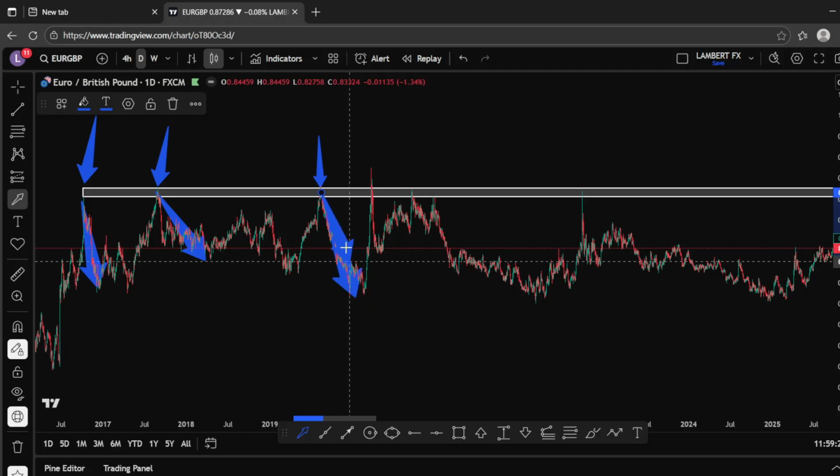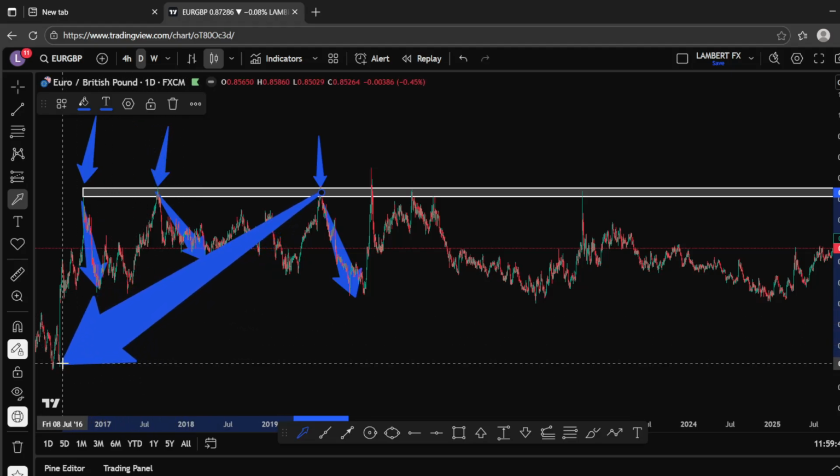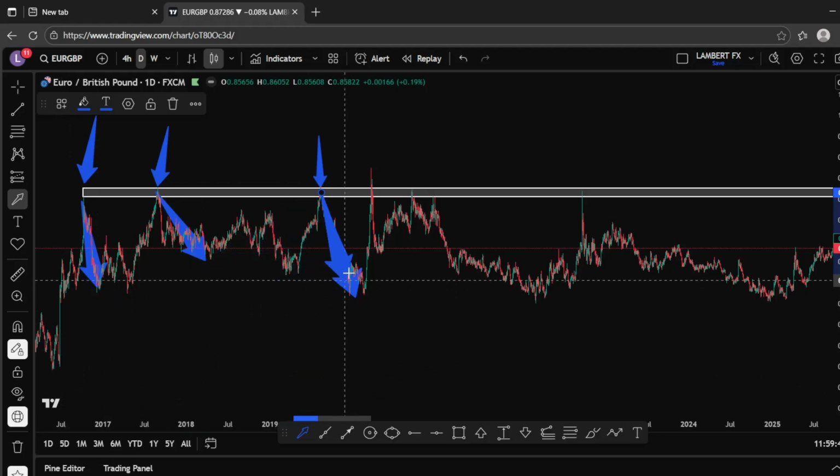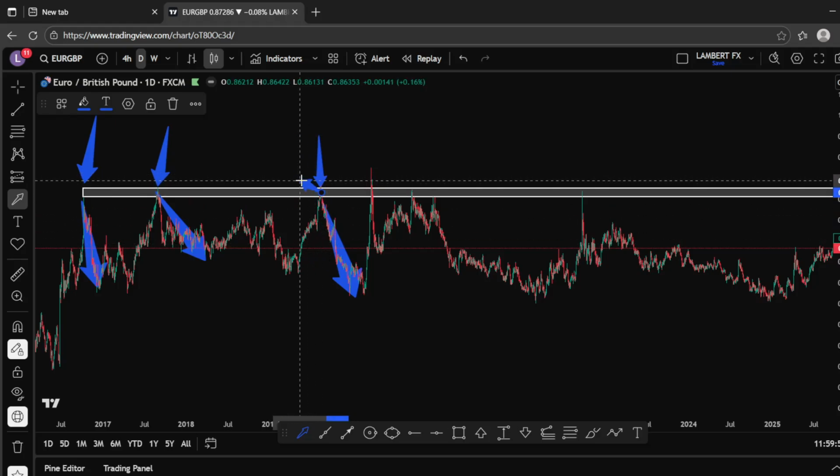If the sellers came in here, where would their take profits be? Some traders will take profit by the time you get to this low, but most will want to take profit right at this low. If you were on this trade and still holding on, your stops are going to be all above this level.